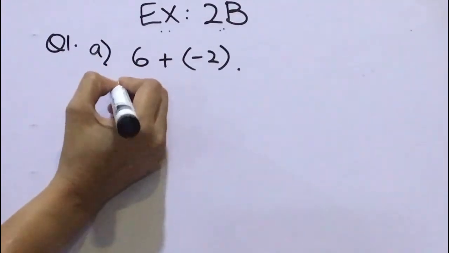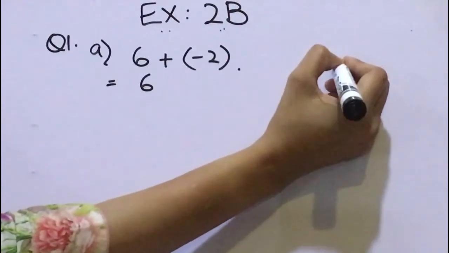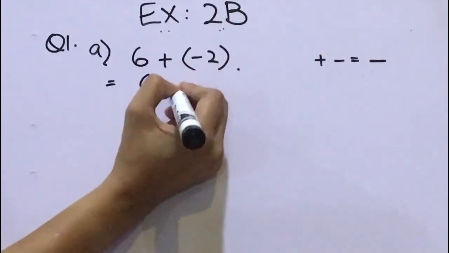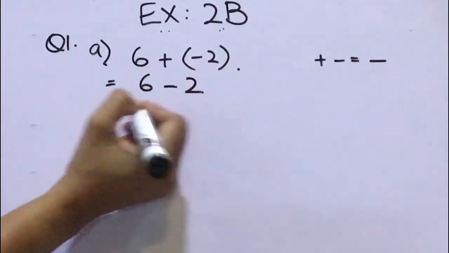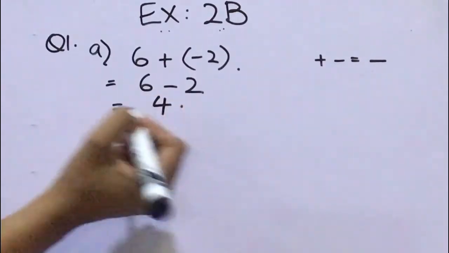So what will we do? 6 is a positive number, plus minus, I will write the operations over here, plus minus will behave like minus, subtract. So we will subtract. 6 minus 2 would be 4.